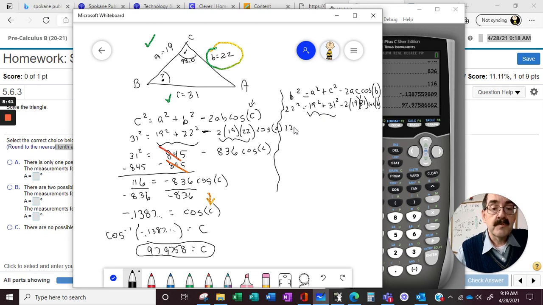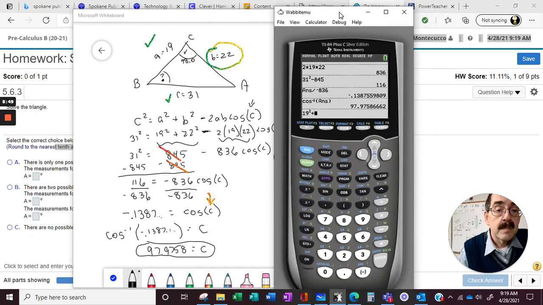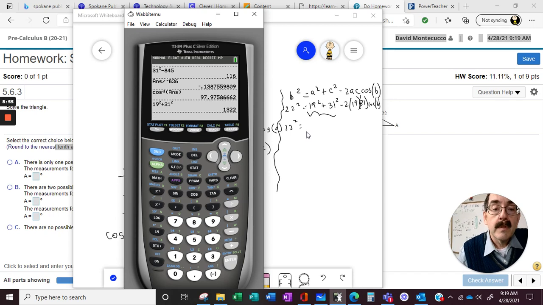So 22 squared equals 19 squared plus 31 squared equals.